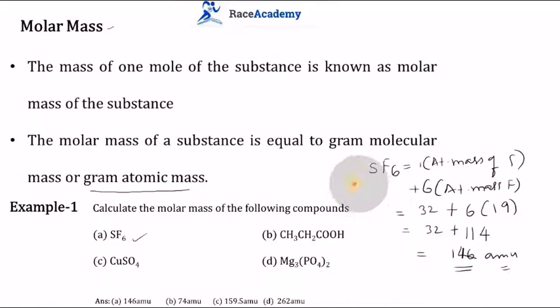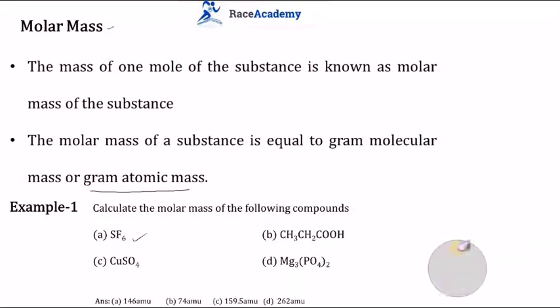Okay. Like the same, we will see the second problem. What is the second problem here? They have given propanoic acid, that is CH3CH2COOH. In this, what is the molar mass of the substance we have to calculate?